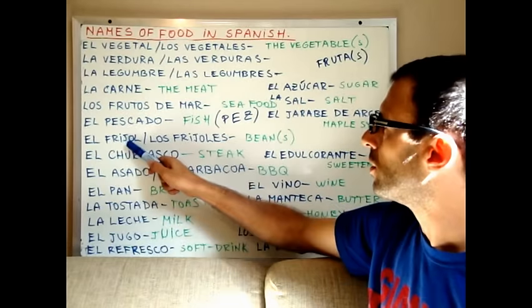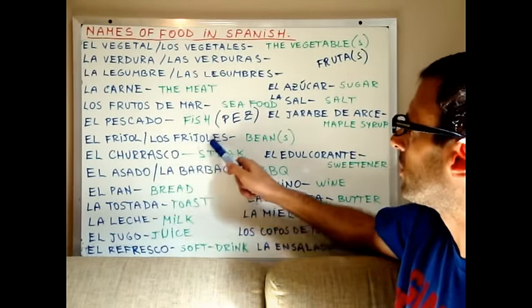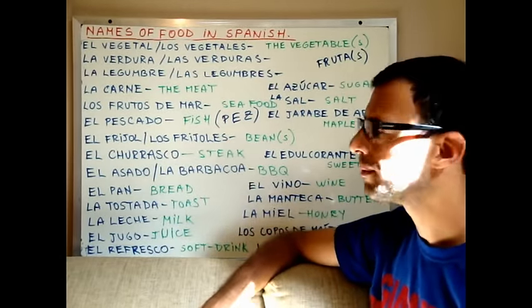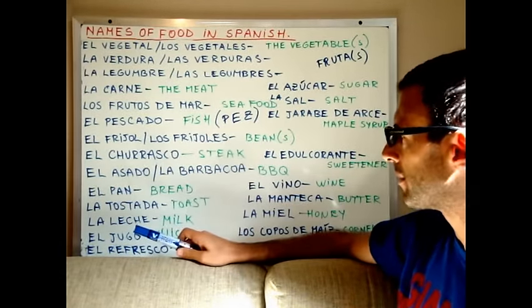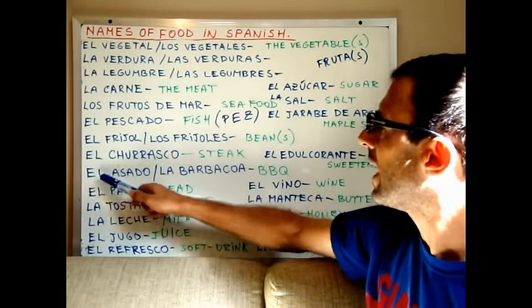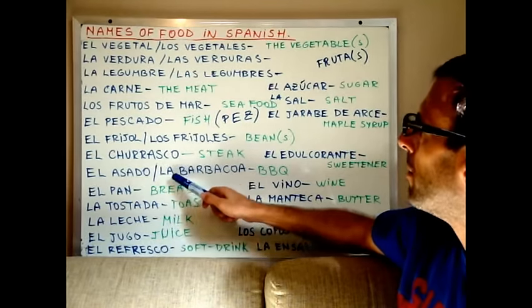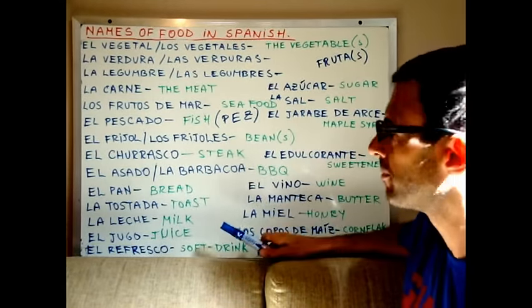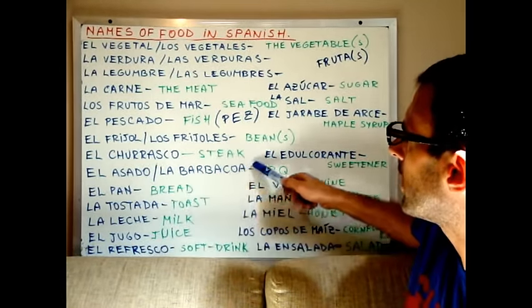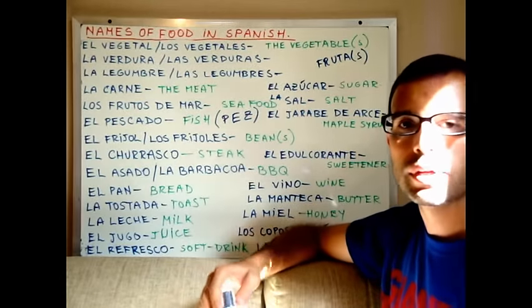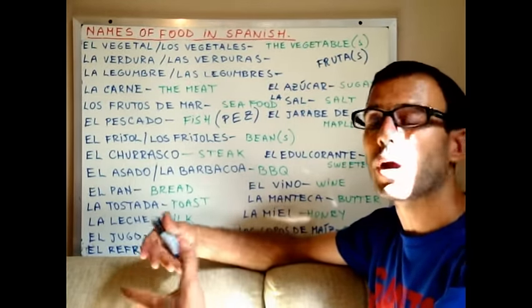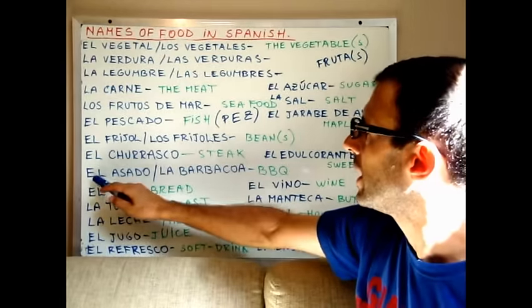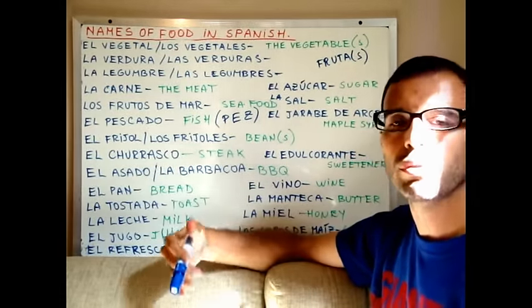El frijol, or los frijoles, means beans. El churrasco, for steak. El asado, or la barbacoa, for barbecue. Actually, barbacoa can be the barbecue also in the sense of the place where we prepare the steak, while el asado just refers to the food.